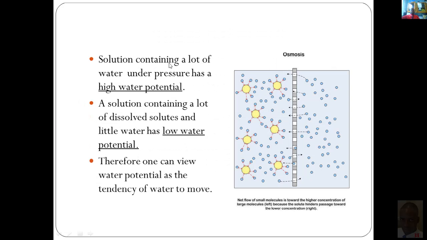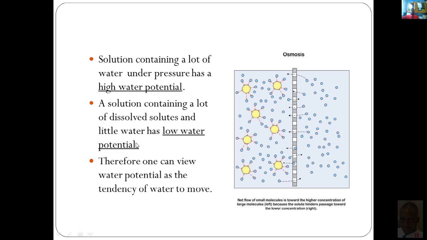So solutions containing a lot of water under pressure have a high water potential. A solution containing a lot of dissolved solutes and little water has low water potential. See that?